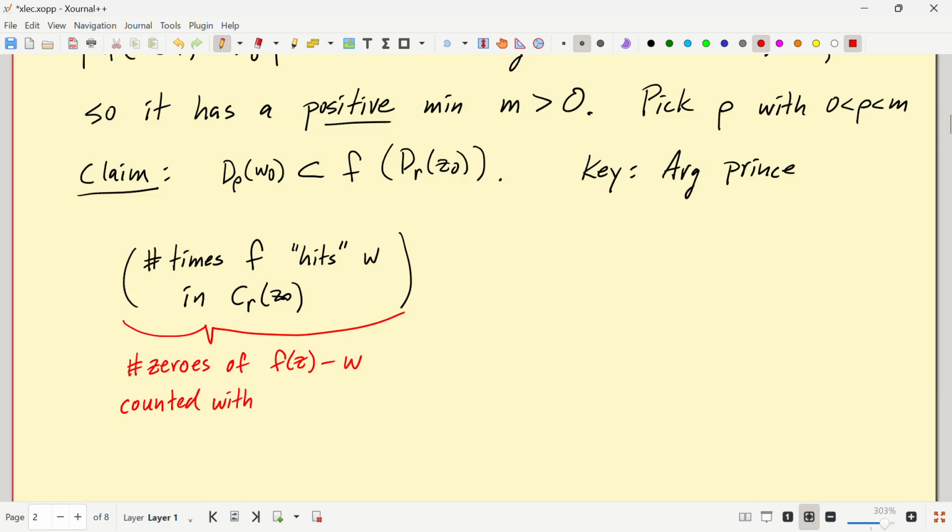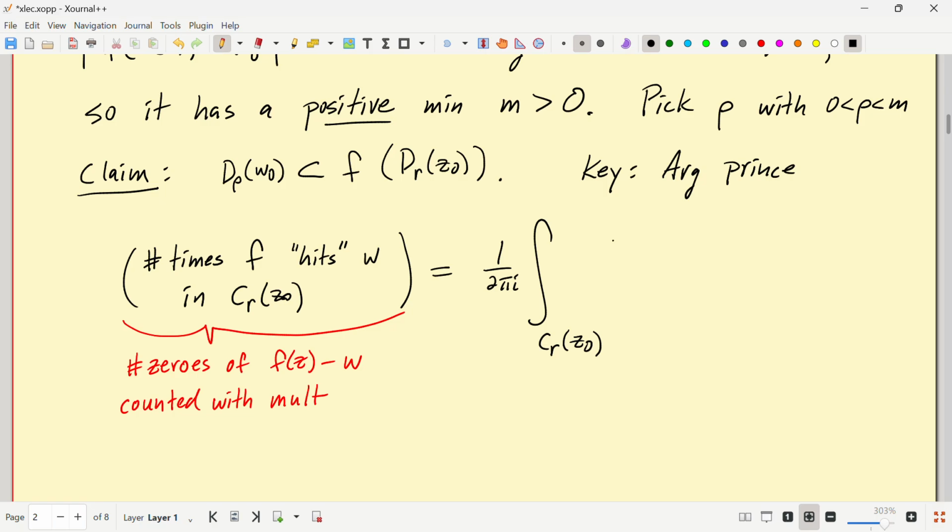I actually just want to show it's bigger than or equal to 1. So it's the zeros of that counted with multiplicity. And that's equal to, by the argument principle I proved last time, 1 over 2 pi i integral around my circle. The hypotheses are satisfied because this has no zeros on that circle.